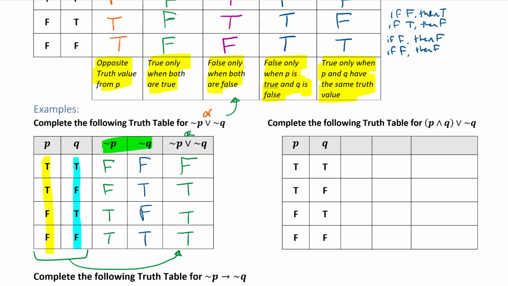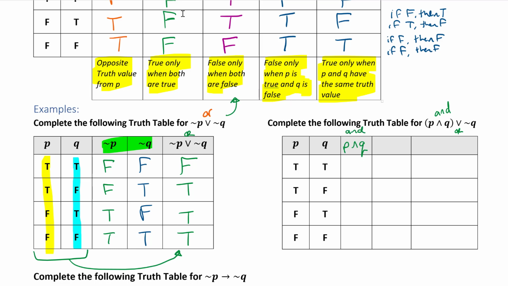The next one I have P and Q in parentheses, so I have to do that first, or not Q. So the first thing I probably want to do is the parentheses. So I'm going to do P and Q, and then later I'll come back and do the or. Okay, so this is and, which is a conjunction.